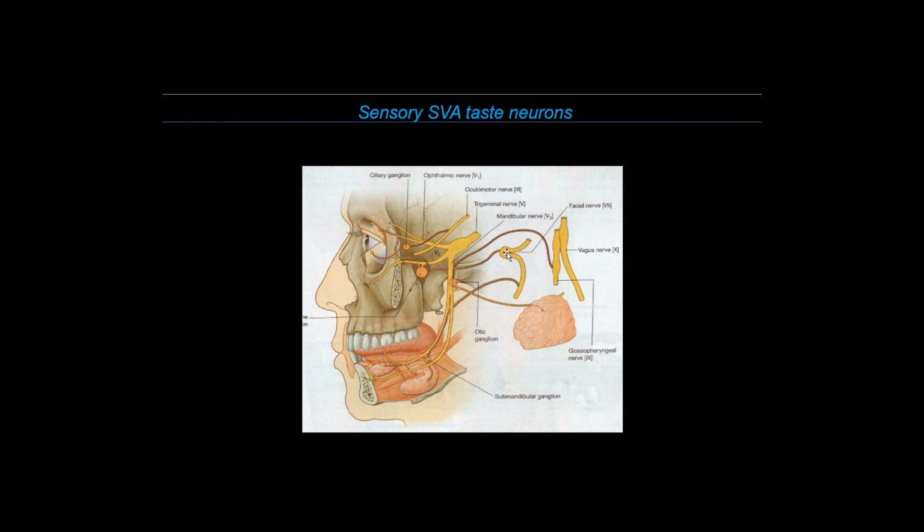Now, the axons of these first order neuronal cell bodies from the geniculate ganglion would then pass through the sensory branch, or the nervus intermedius, of the facial nerve to enter the brainstem. Inside the brainstem, these neurons would then synapse with the cell bodies of the second order neurons, which are inside the nucleus of tractus solitarius, to be more specific, in the rostral or upper part of the nucleus of tractus solitarius.